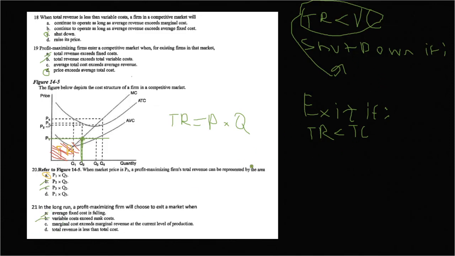It is total costs. And the same thing, marginal cost. The only thing that matters is the total cost. I'll put variable cost here. Total revenue is less than variable costs, and total revenue is less than total costs for exit. So these are just kind of, again, things you kind of have to memorize.